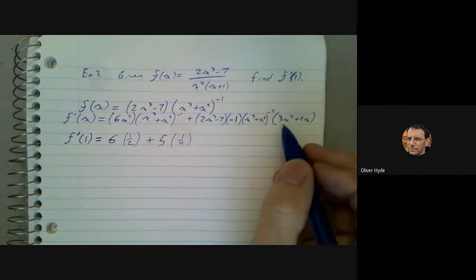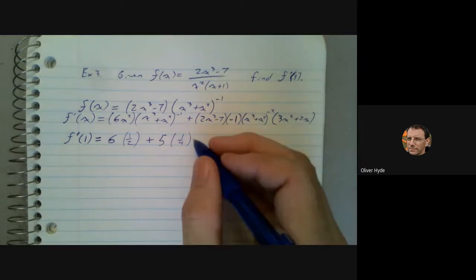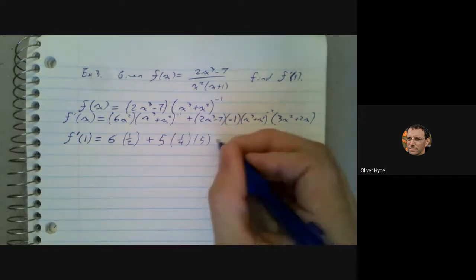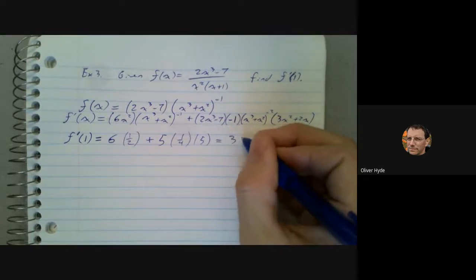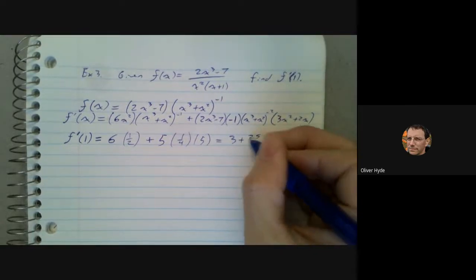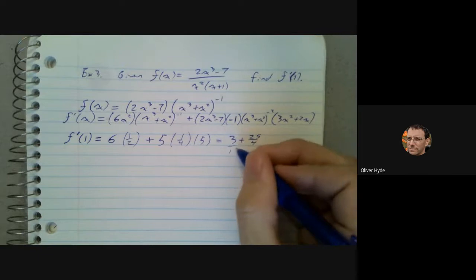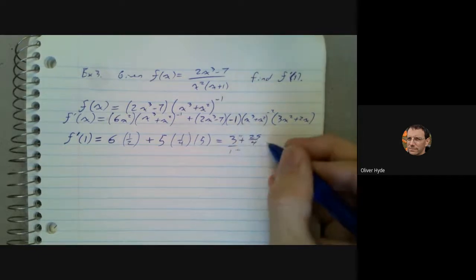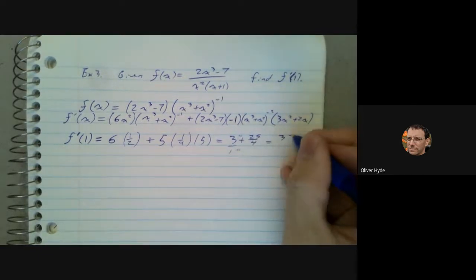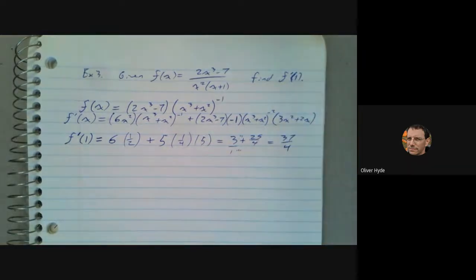And here we have 1 squared is 1 times 3 is 3 plus 2 times 1 is 5. So we get, what, 3 wholes plus 25 quarters, which is 12 quarters plus 25 quarters, so 37 quarters, which is the same answer that we got when we used the old fashioned, or the new fashioned, I don't know, quotient rule in class.